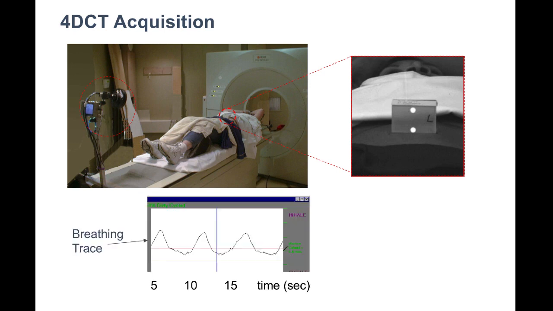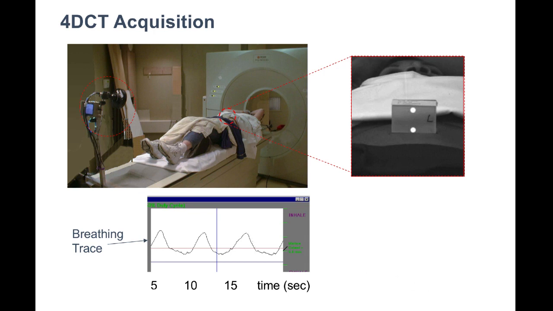So they go up and down, and here you see the breathing trace. You have going into inspiration, breathing in, and then expiration, breathing out, a long period, and then it repeats over and over through the breathing cycle.